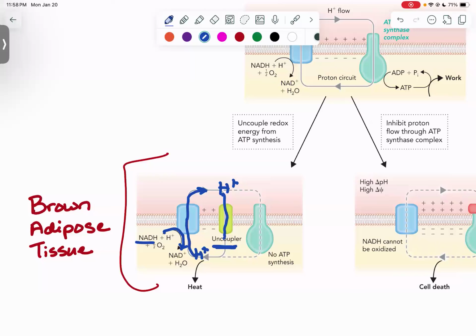They're going to go through this uncoupler, and that produces heat. So most of the energy is actually lost to heat, and that's actually good, because you're going to see a lot of this uncoupler being expressed in brown adipose tissue, which is really important in thermoregulation for lots of metabolic processes. So it can actually be really good.